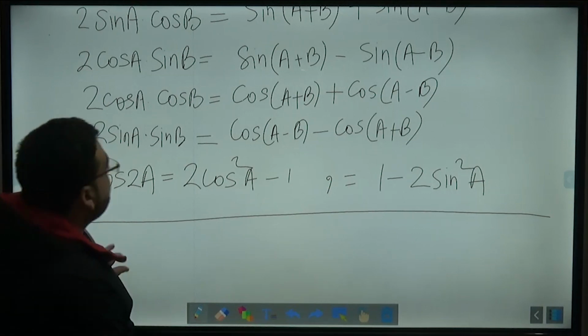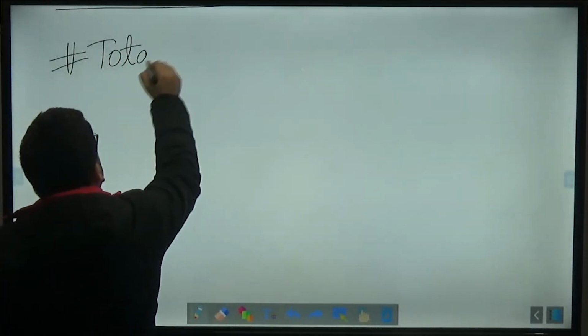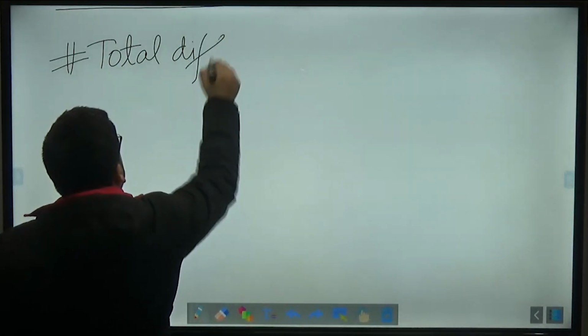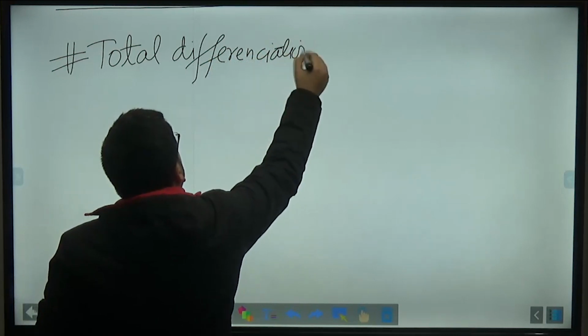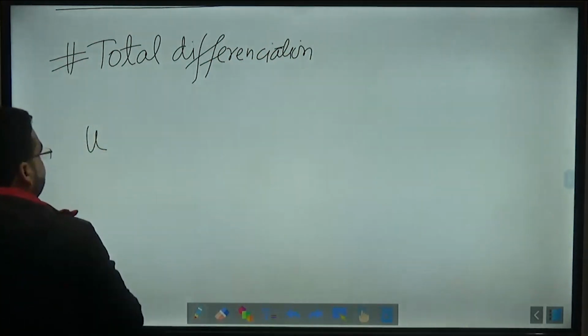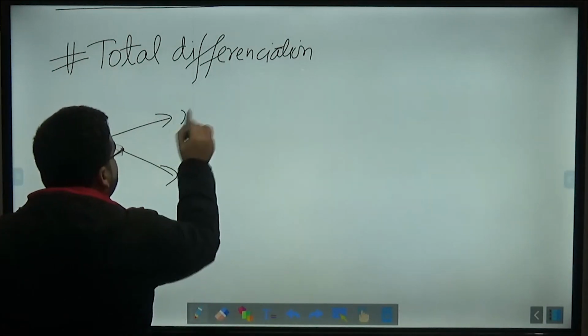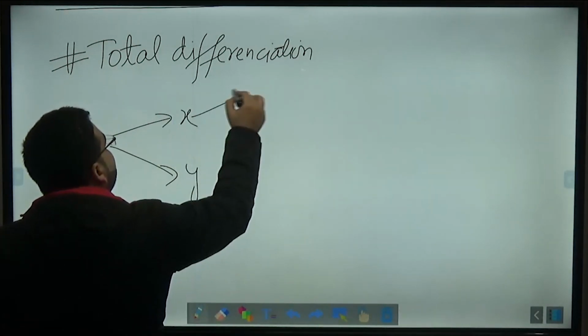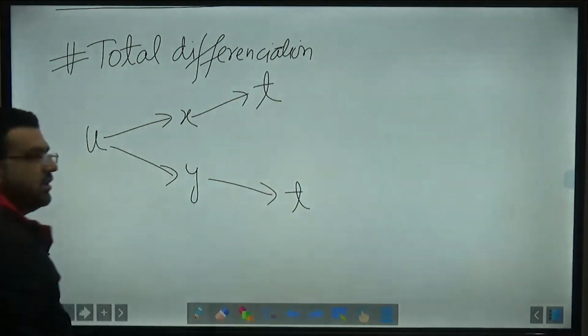Then we move to the concept of total differentiation. Let us say that we have a function u. u is a function of x and y, and x and y are also functions of some other variable, that is t.